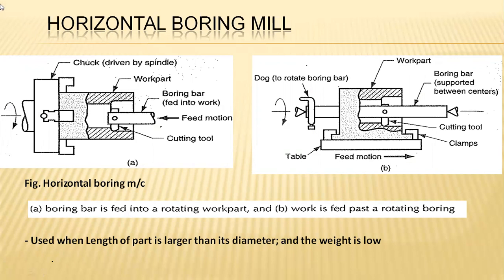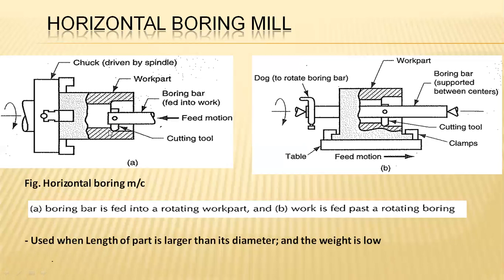See here, first, in the case of this horizontal boring machine, in the initial pictorial representation, the work part is fixed within the chuck, and the movement of the tool is considered for the boring activity. The orientation is done by the rotation of this spindle, and the tool is monitored over it by commencing the feed for the MRR process, and this is the cutting process.